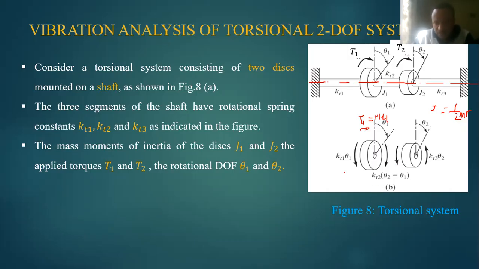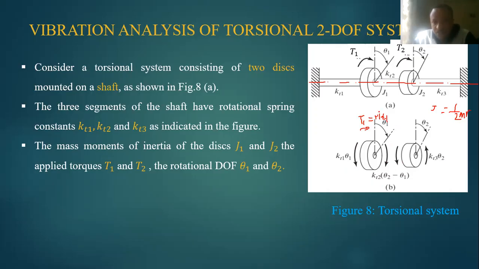Here, the twisting at this side is KT1 θ1, and the relative twisting here is KT2 times (θ2 minus θ1), and the third portion of the section is KT3 θ3.